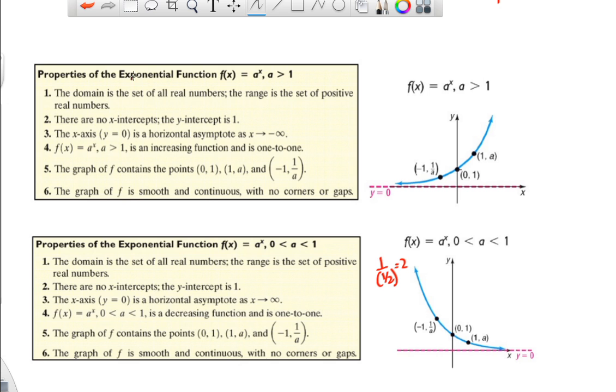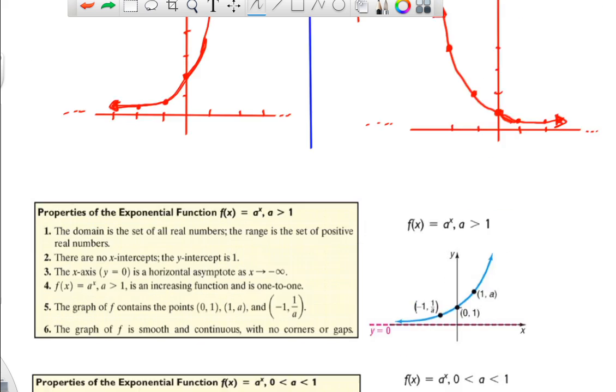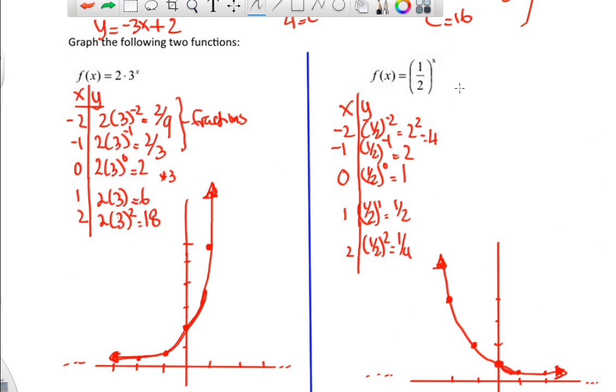Okay? Now I do want to show the connection here between negative exponents and what's going on here as well. So a more common way to write this function, at least in word problems, is that a half is often written as 2 to the negative 1. And so the reason people do this is because you could write that as 2 to the negative x. And it's a little easier to see that it is a decreasing function. So if this is a negative exponent, decreasing function.